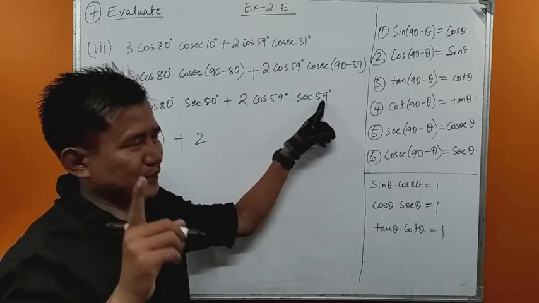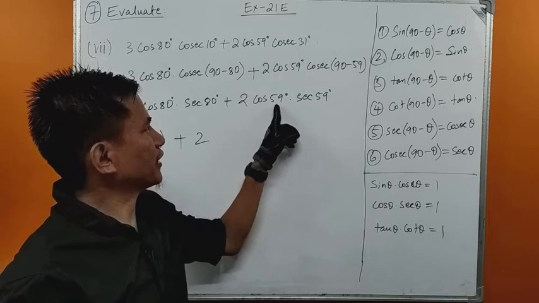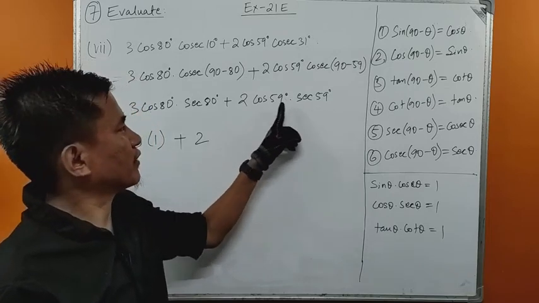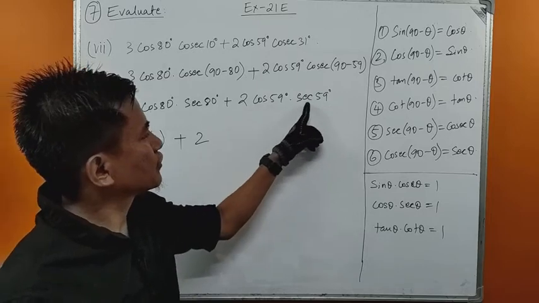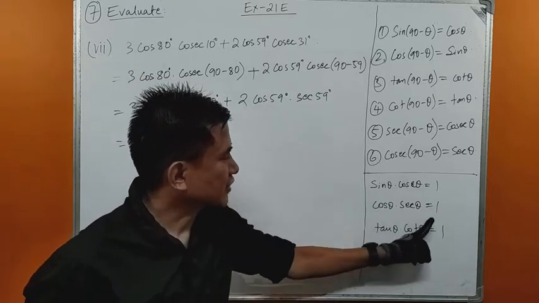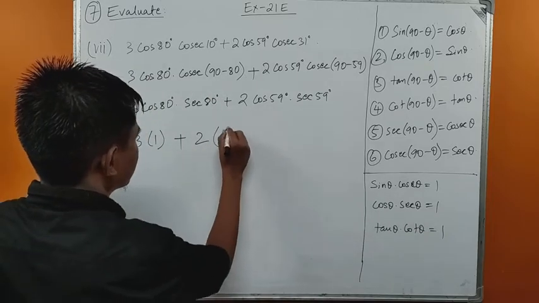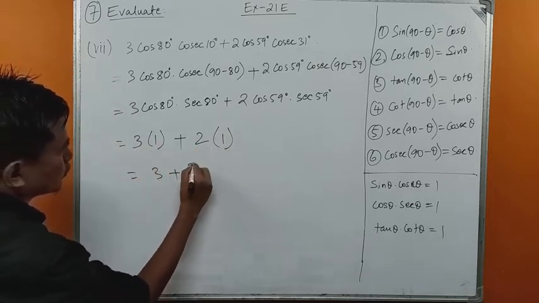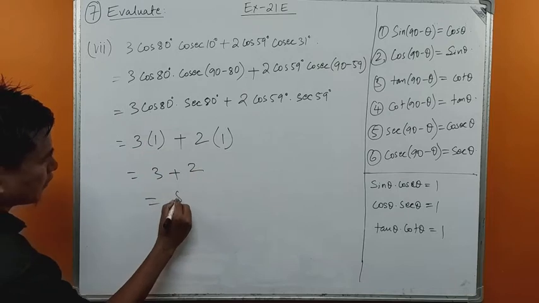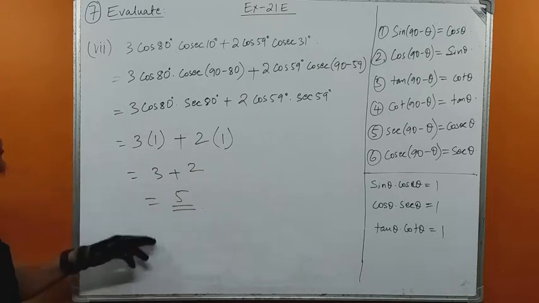Angles should be same. Please keep in mind, angles should be same. If the angles are different, we cannot write 1. So cos theta into sec theta is 1. So 3 ones are 3 plus 2 ones are 2. 3 plus 2 is 5, isn't it? So this is the answer for question number 7.